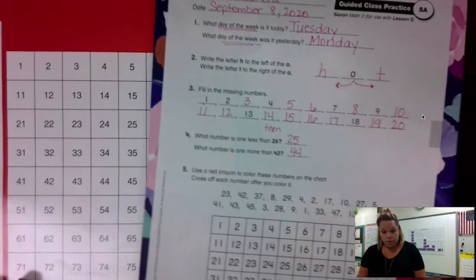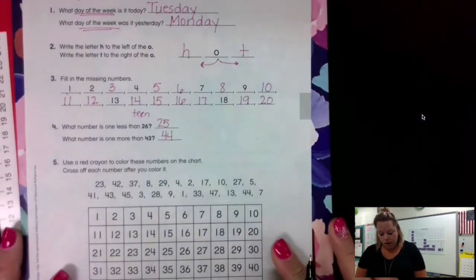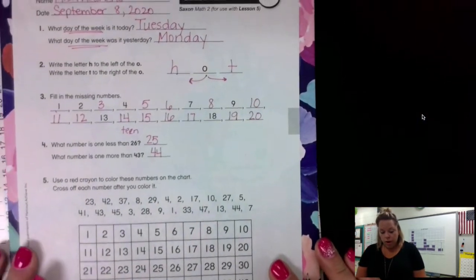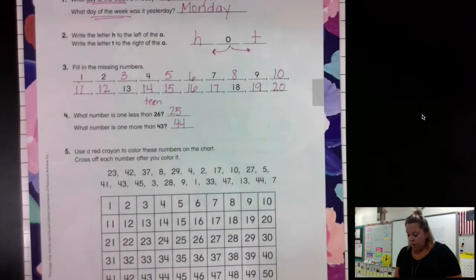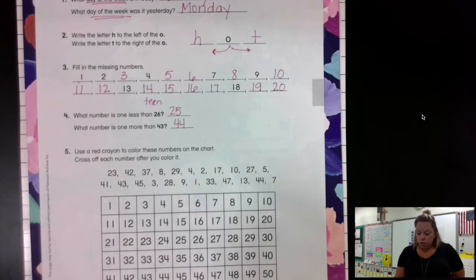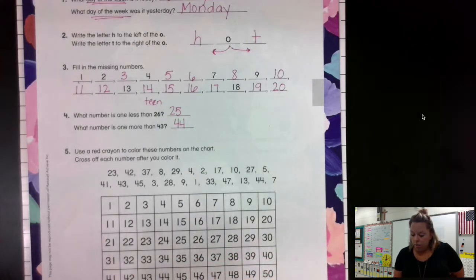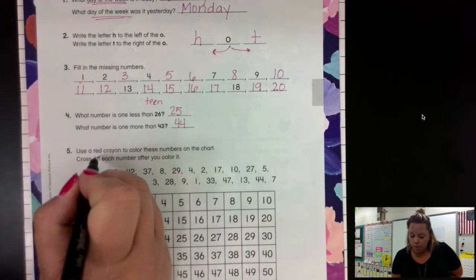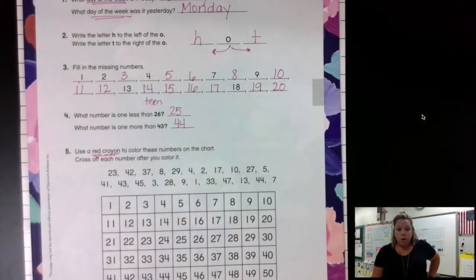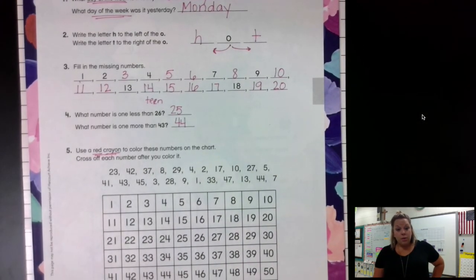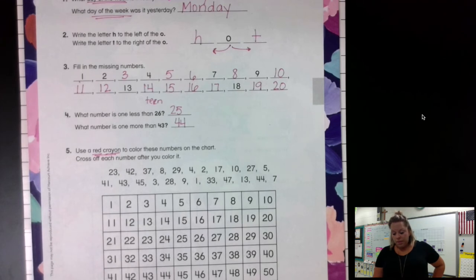Okay, now first grade. This bottom part here, you need to use a red crayon to color the numbers on the chart. I'm just going to use my pinkish red Sharpie pen that I have right now. You need to make sure though that you have a red crayon. If you do not have that red crayon, please pause your video, get your red crayon so that you can participate in this with us.